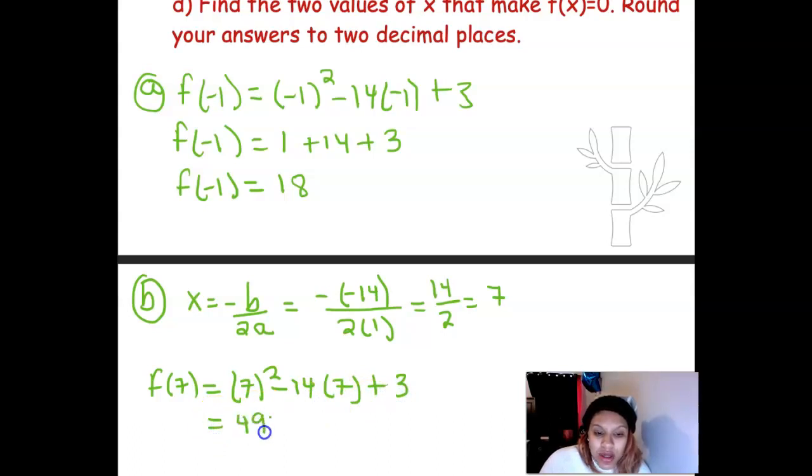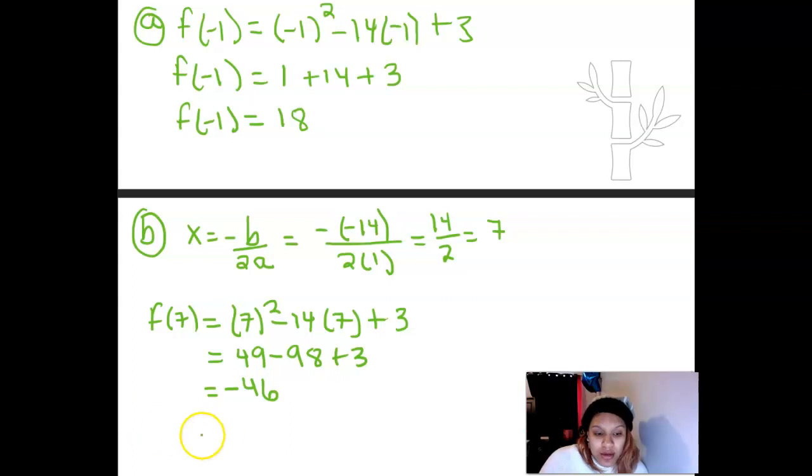This gives me 49. And now we're going to add or subtract left to right. 49 minus 98 plus 3 gives me negative 46. So the vertex is a point. The point is 7 comma negative 46. This is the vertex of this parabola.